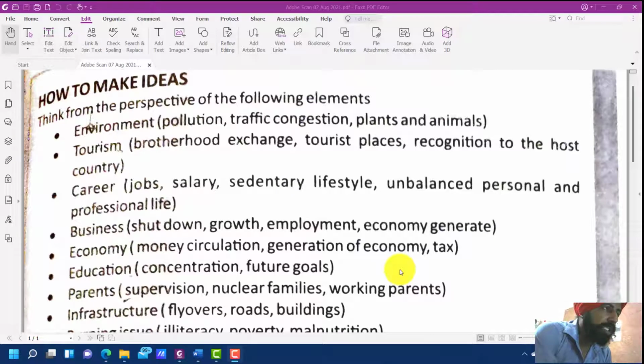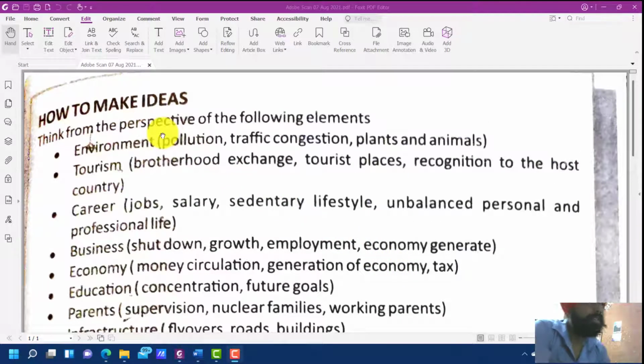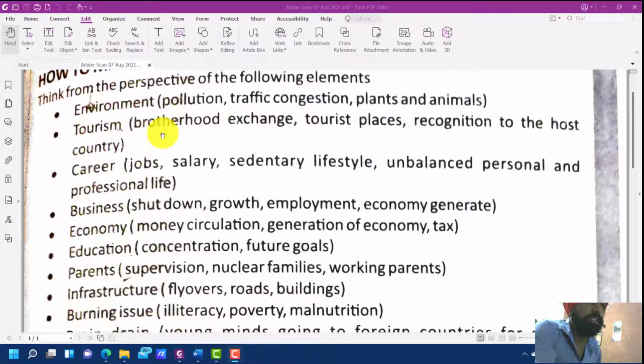Basically, the ideas will be coming from what you see on my screen right now. You need to think from the perspective of the following elements: environment, tourism, career, business, because most of the topics are based on these titles, and each type of topic is interlinked with others.